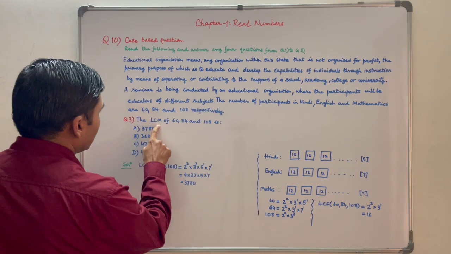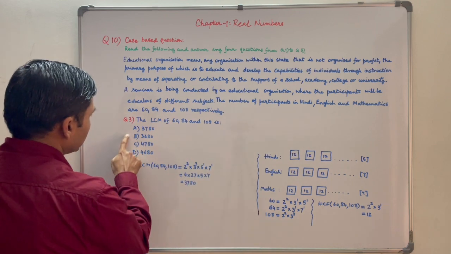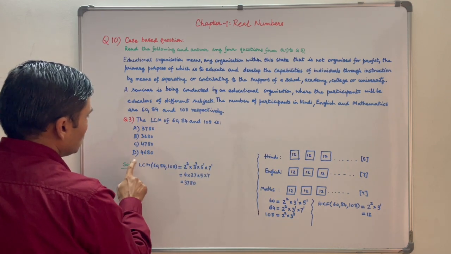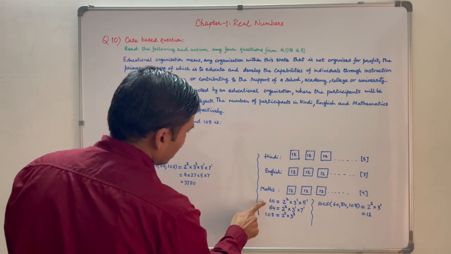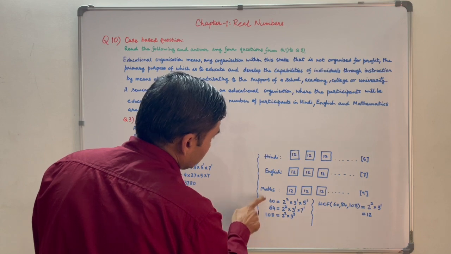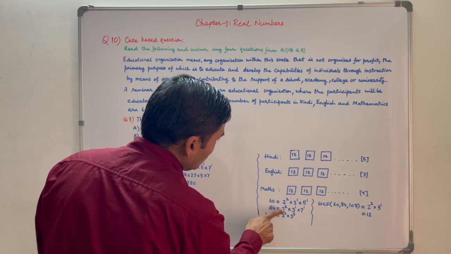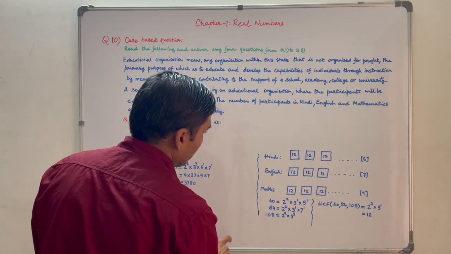Third question, the LCM of 60, 84 and 108 is, these are the options given. So LCM of 60, 84 and 108 can be figured out from here. Prime factors that are involved in these three numbers are 2, 3, 5 and 7. And what is their maximum power?